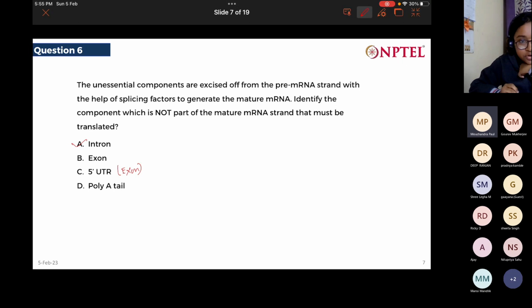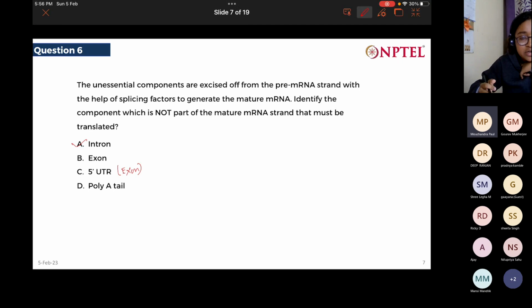The answer is intron here, as you recall from the video lectures. In the pre-mRNA, there are exons separated by sequences of introns. We say that introns are non-coding, so they don't become part of the final polypeptide chain, but the exons become part.